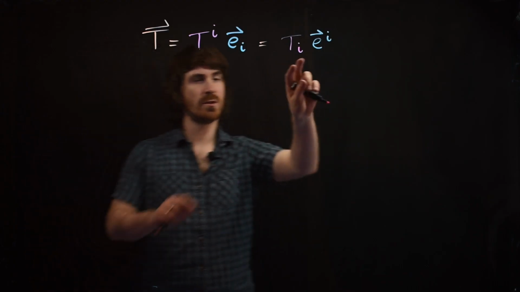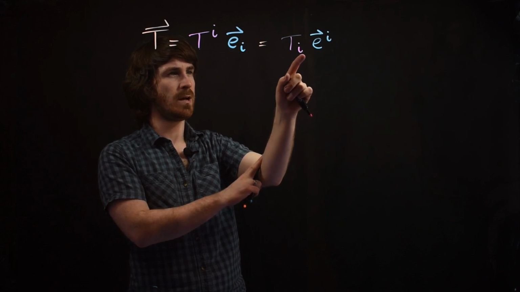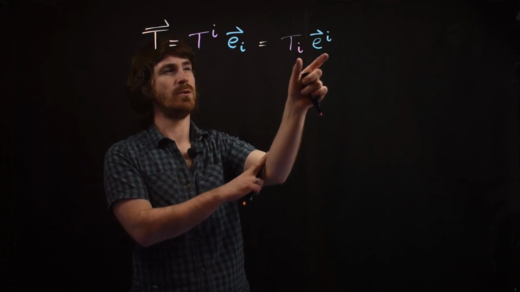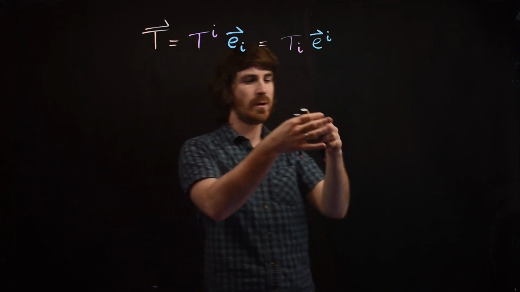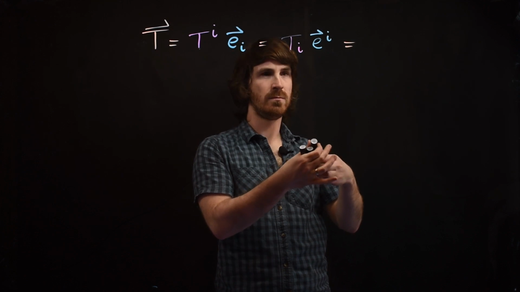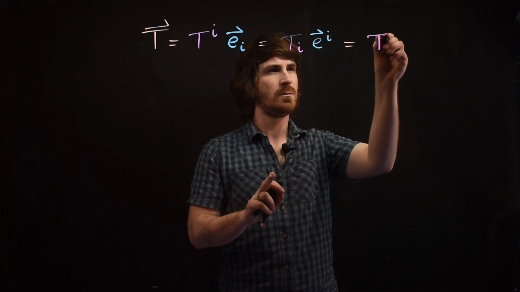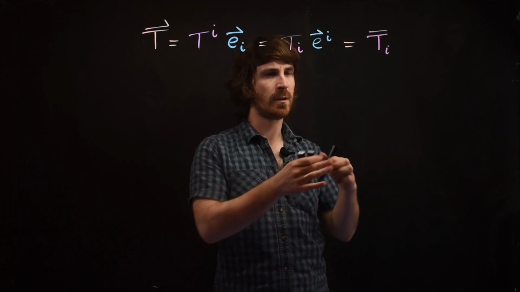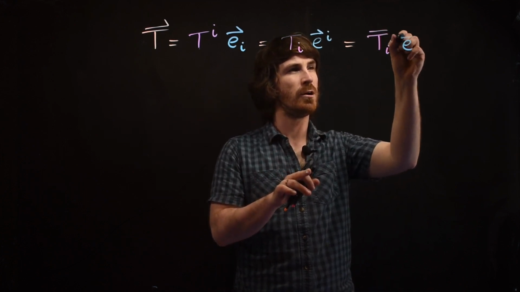So if we focus on this representation of our vector t subscript i, the covariant component with the dual basis vector, we can write this equivalently in a different, barred coordinate system. So we have t_i bar and dual basis vectors for a barred coordinate system.